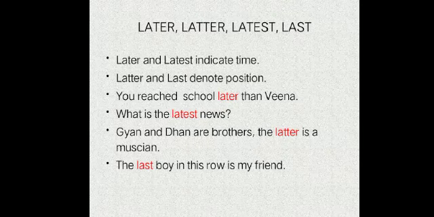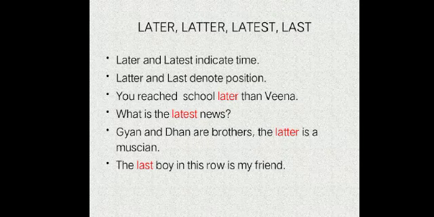Here these two indicate time. Suppose you reached school at 8 a.m. and Veena reached school at half past 7. Then who reached late? You reached late. So it shows what? Time. What is the latest news? Means recent news. This also shows time.